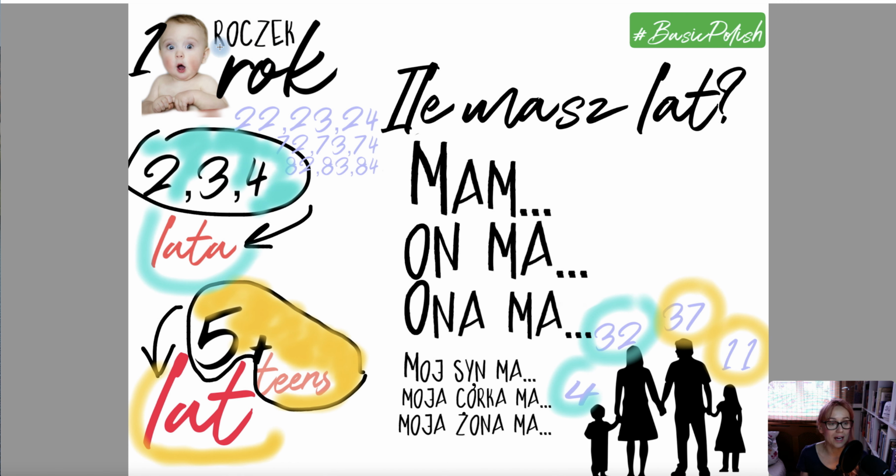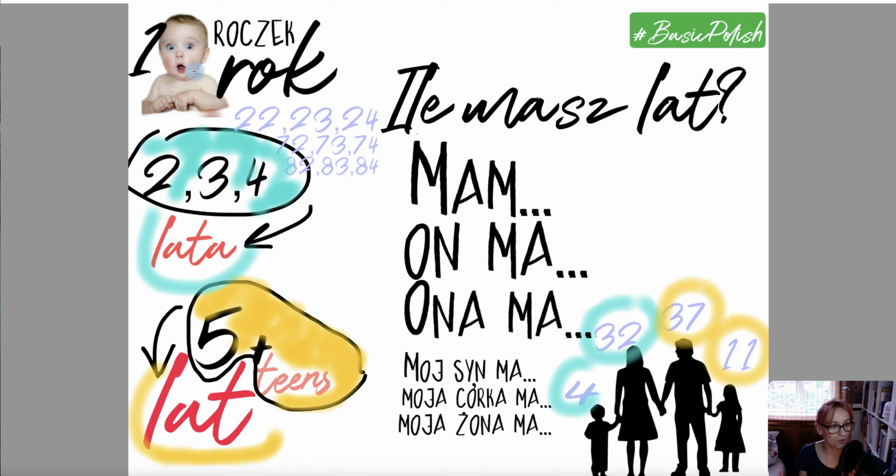So that will be a word for a year, 1 year old. And in Polish, we say somebody has a particular number of years, not is old, but has. Therefore, our verb that we will be using is mam, if you're talking about yourself, on ma, about a male, ona ma, about her, female.